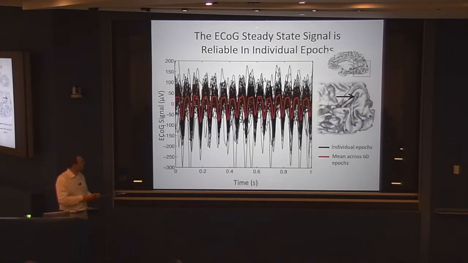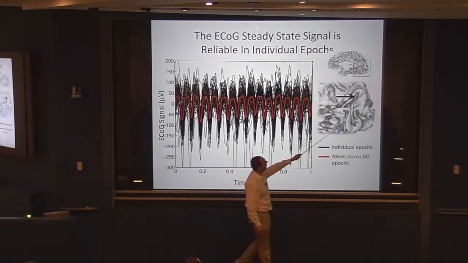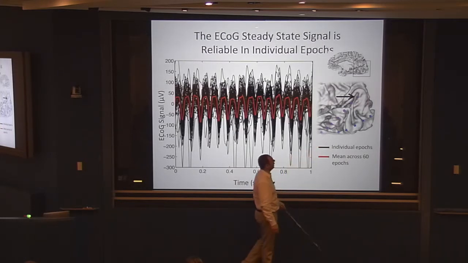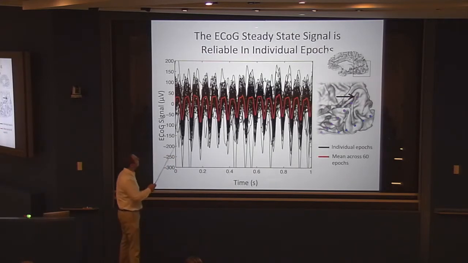And I'm going to show you an example of data here. This is an electrode from primary visual cortex. This is the back of the brain, the right hemisphere. This is the calcarine sulcus, where primary visual cortex is located. And this is an electrode on the superior bank of the calcarine sulcus.